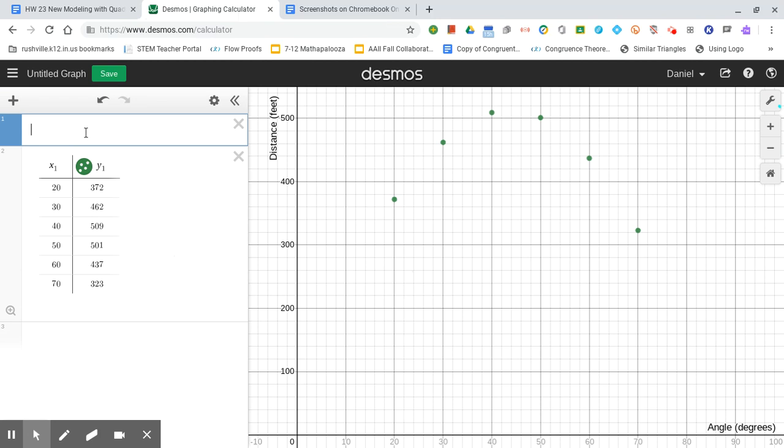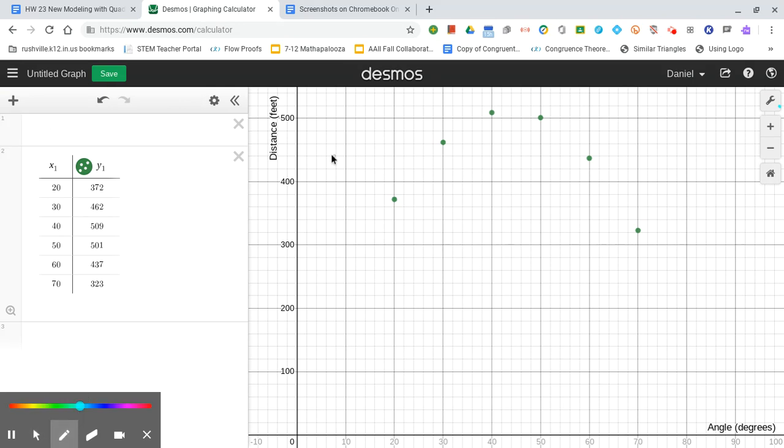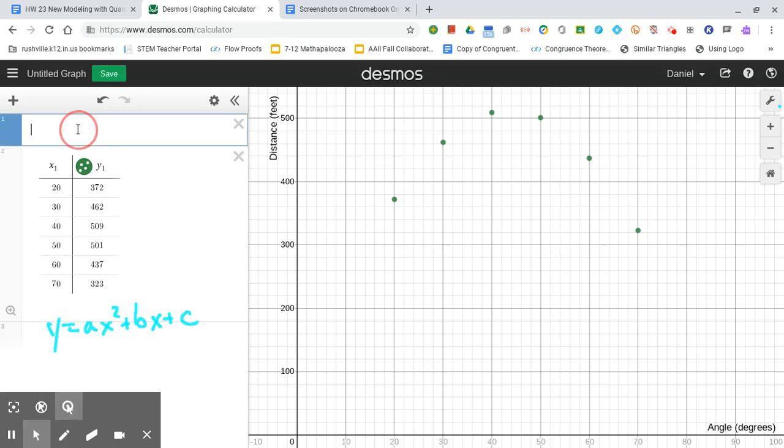Okay, and so what we're going to do is tell Desmos to give us the equation of a parabola that goes through these points. So the way we're going to do that is we're going to still focus on that format of y equals ax squared plus bx plus c, but we need to be a little detailed in how we tell Desmos to do this.